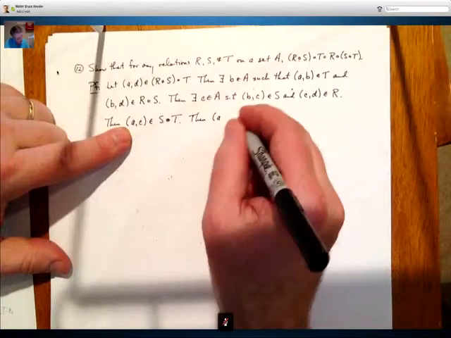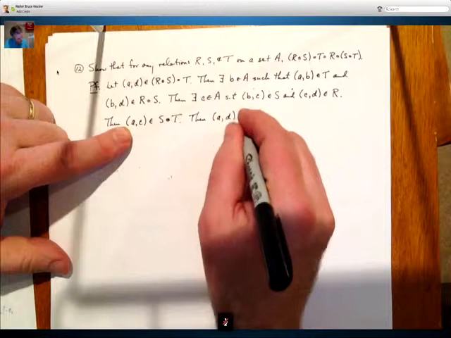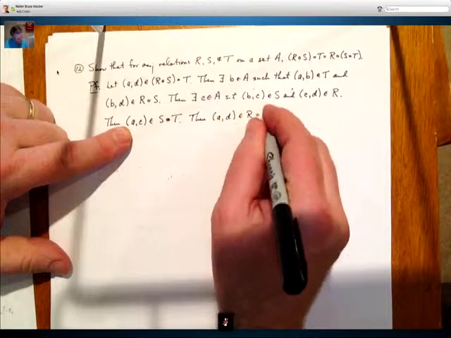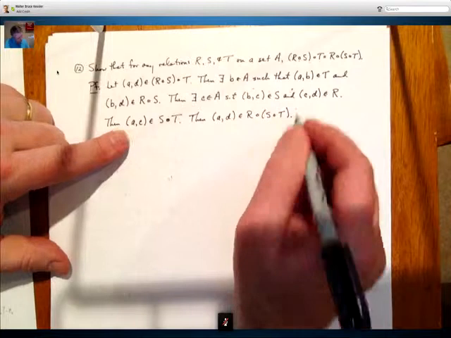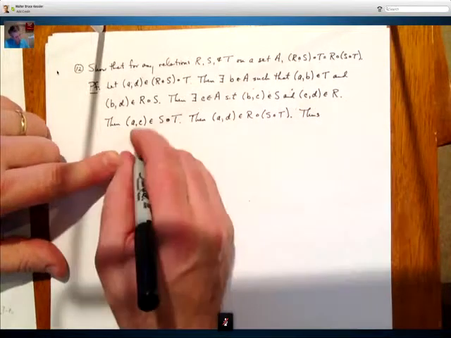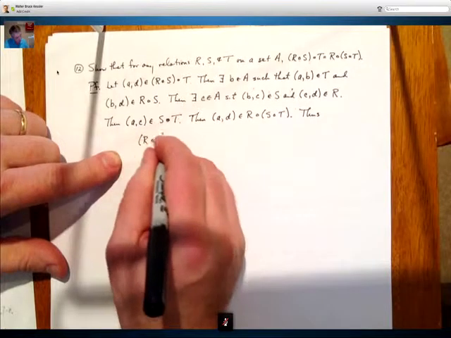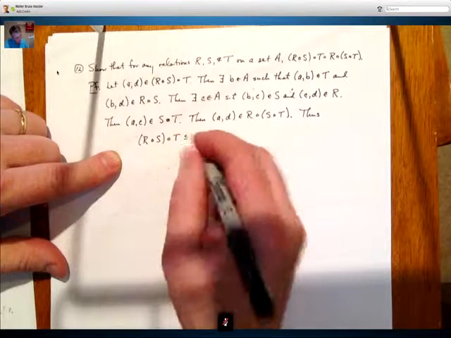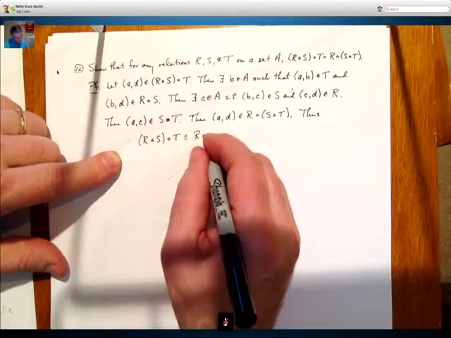Then A goes to C, and then ends up at D. That's in R composed with S composed with T. Thus, I've proven that the left-hand side is a subset of the right-hand side.